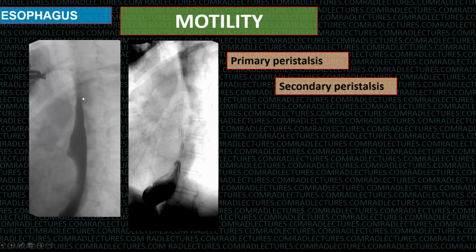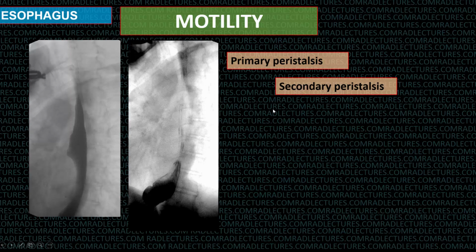That is called the stripping wave or the primary peristalsis. It should completely clear the esophagus of any barium other than what is coated on the folds. Now, secondary peristalsis is when a portion of the food bolus is left in the esophagus and will start contracting from that area, and it will form the secondary peristalsis.